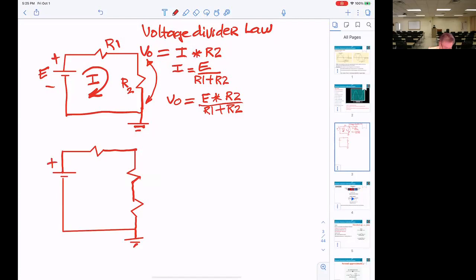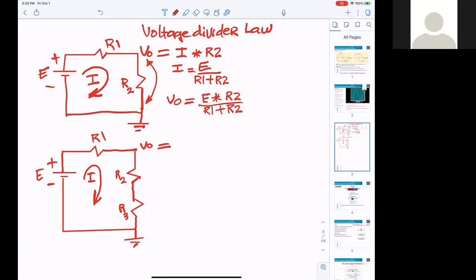Okay, so you can get the same thing. If I want to calculate the V out, what does V out equal? It's the current times R3 divided by R1 plus R2 plus R3.